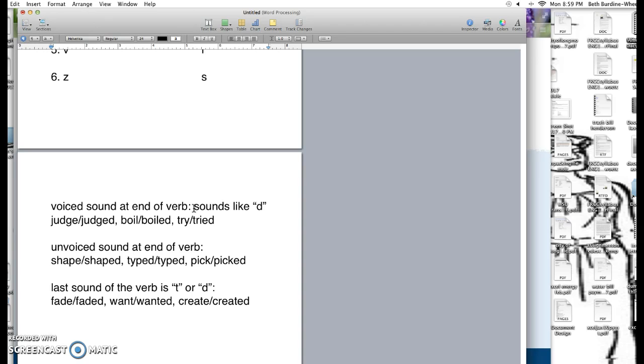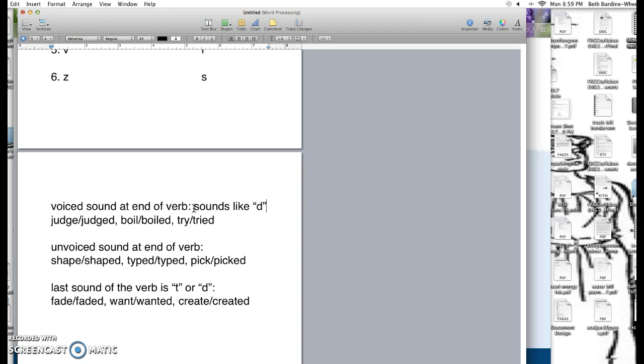I know it's voiced, so it's going to sound like the D sound, judged, judged. And the E is not pronounced, it's silent. It's just there to separate the final consonant of the verb, and the ED we're adding to the end of the verb to make it past tense.